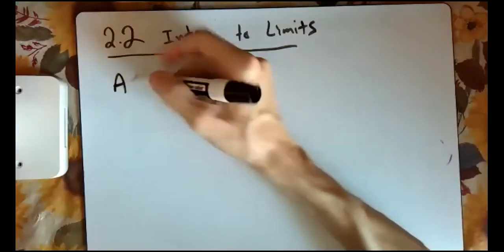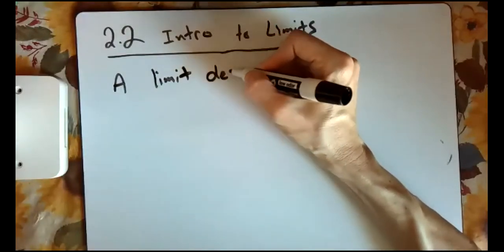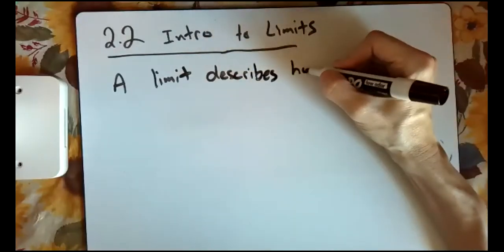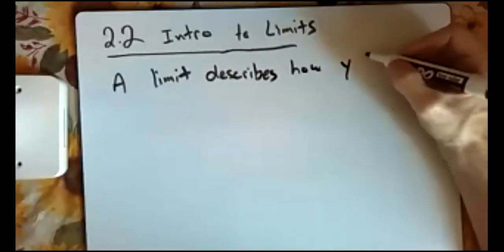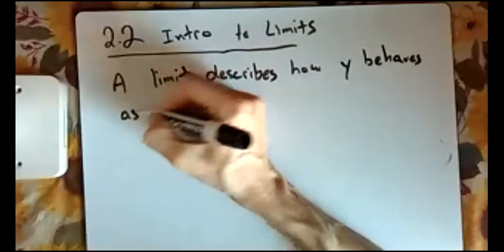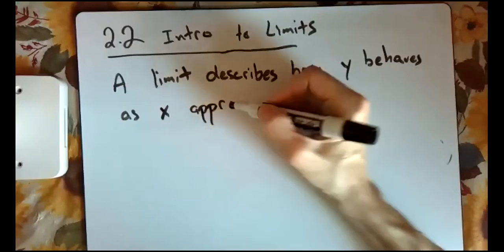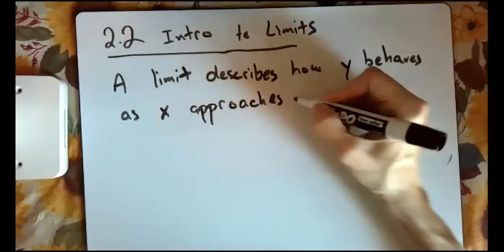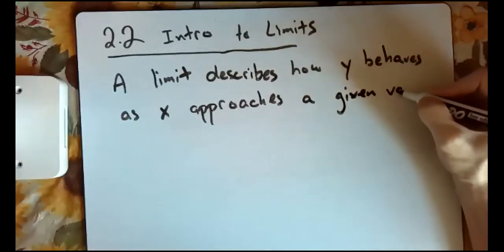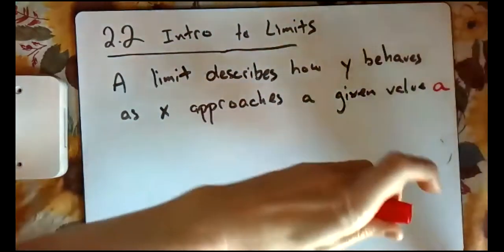Pretty much a limit describes how y behaves as x approaches a given value, and we're just going to call that given value a, like that.